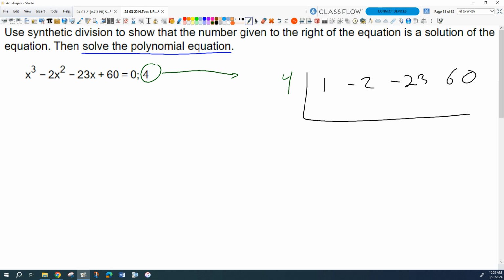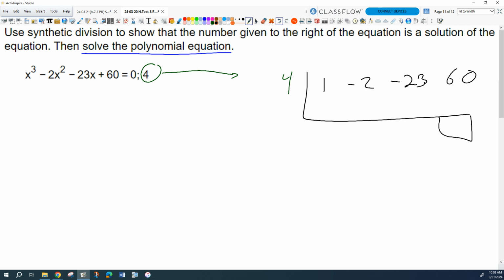And if we're just verifying that this is a solution, what do we already know has to happen in this remainder box? 0. We know we have to get 0 there. If we don't, then this is not a solution and we can't do the problem, because we couldn't solve this otherwise.